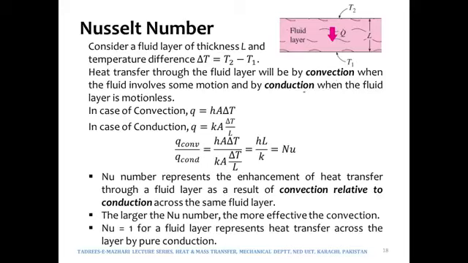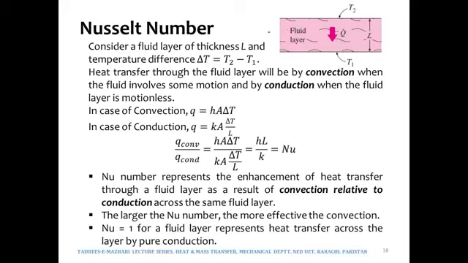So if the fluid is still, if the fluid is not in motion, then the heat will be transferred from the higher temperature plate to the lower temperature plate via conduction, and that expression would be given as k A delta T over delta X, or delta X may be written as length, where L is the thickness of the medium that the heat has to pass through.